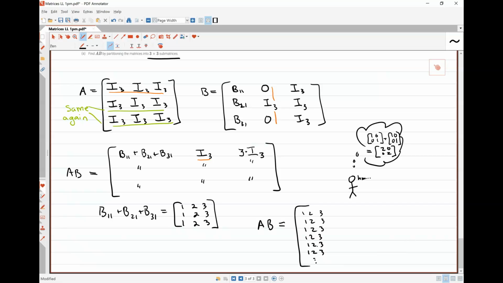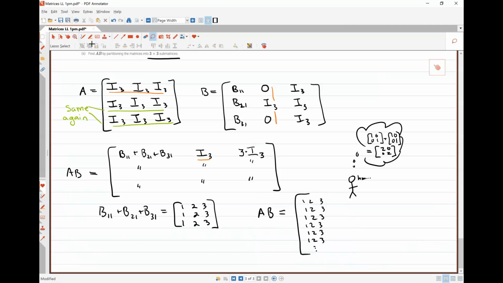I don't think I can fit. Darn it. One, two, three, 1, 2, 3. Okay. And then we have the identity matrix 3 times.